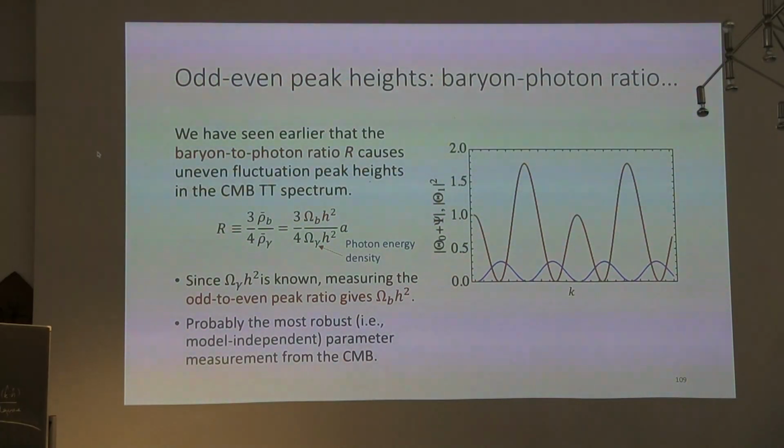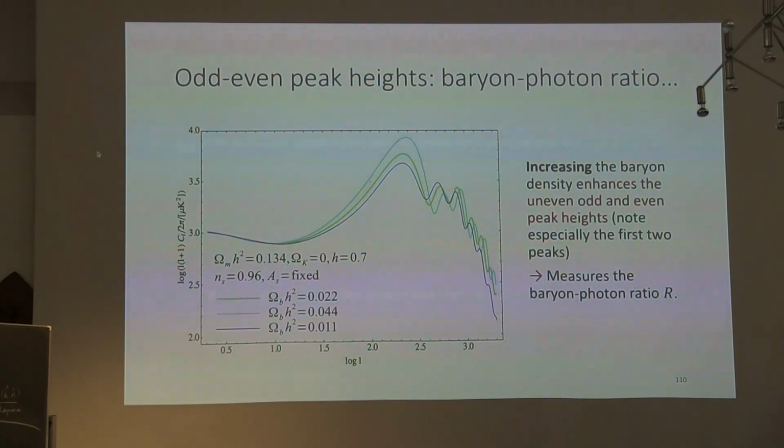Here's a picture of an actual CMB power spectrum computed for certain fixed parameters and also for varying omega b. The green line over here, the blue line over there, and the light blue line all have different values of the baryon density.